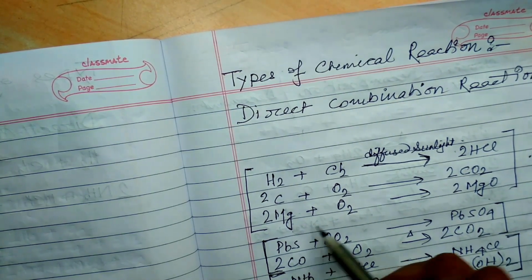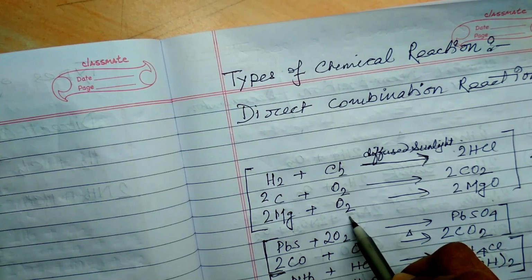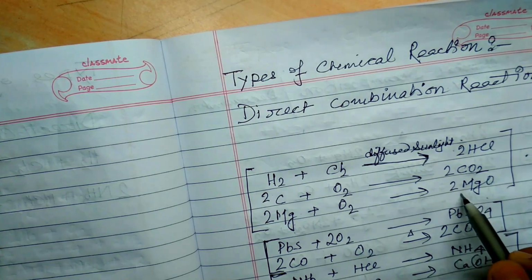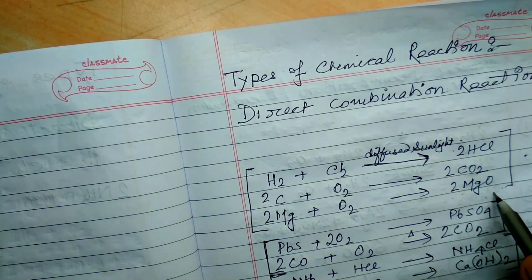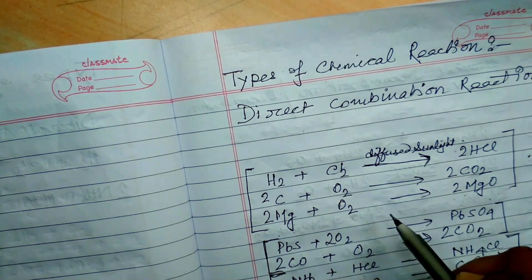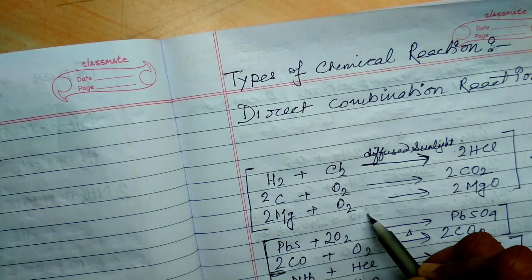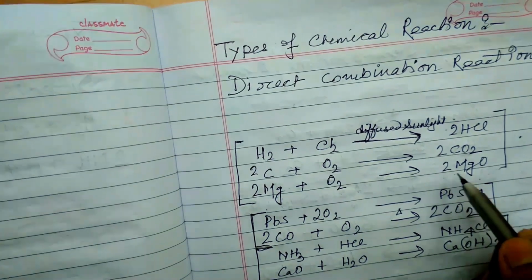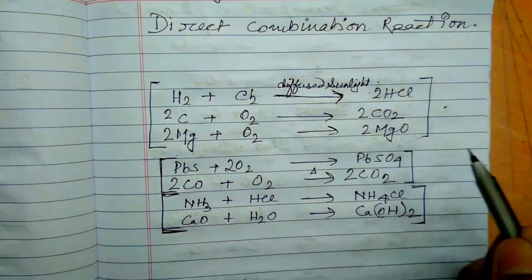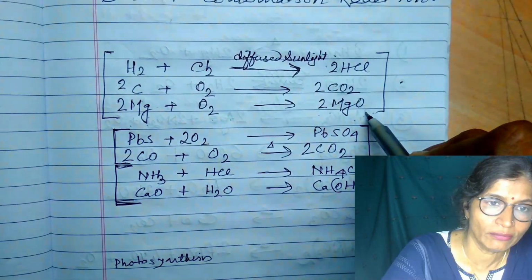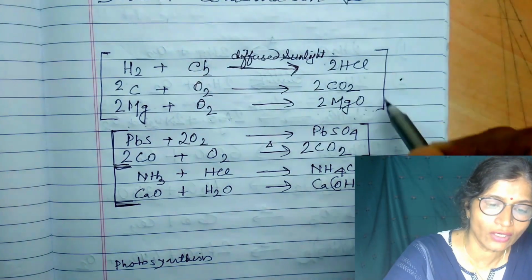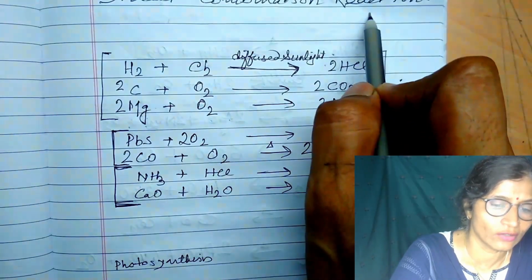Magnesium ribbon, when it is burned in air or oxygen, will form magnesium oxide and produce dazzling white light. So magnesium burns in oxygen, produces dazzling white light and gives a residue of magnesium oxide. So these are all examples of direct combination reaction.